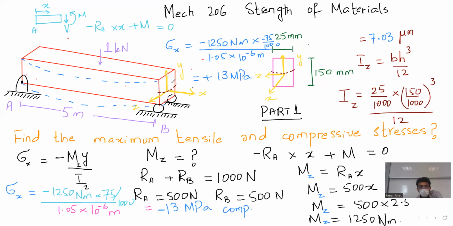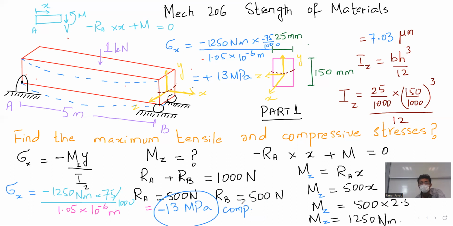I put y equal to 75 by 1000 because I wanted to go maximum upward from the neutral axis fiber. By putting a positive 75 by 1000, it automatically multiplied with the negative of the formula. And I got a negative answer, and every student said negative means compressive stress.